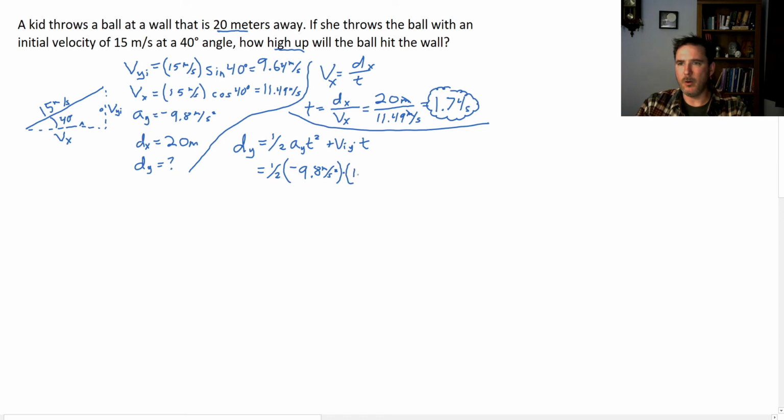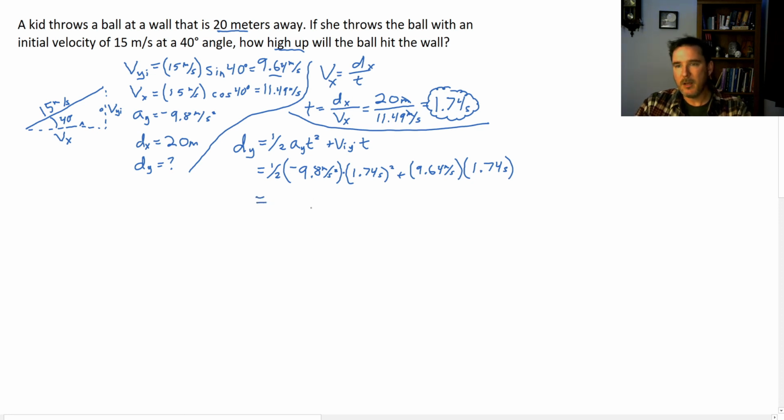Times time squared, 1.74 seconds squared, plus our initial velocity in the y direction, which was 9.64 meters per second, times time again, 1.74 seconds. When we square the time in this first part of the equation, we only want to square time. We don't want to square the entire thing. Just get your order of operations correct, and you'll be fine here.